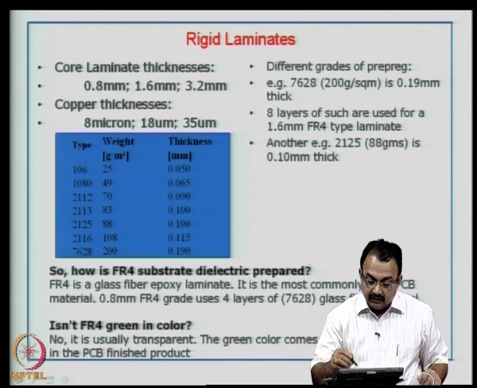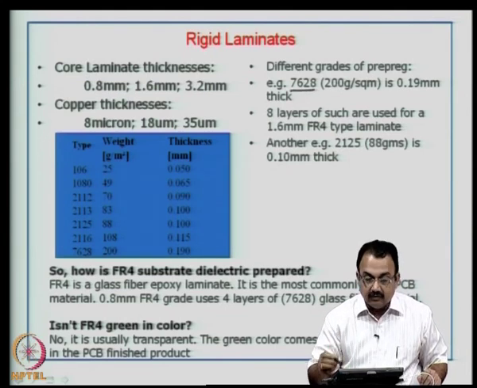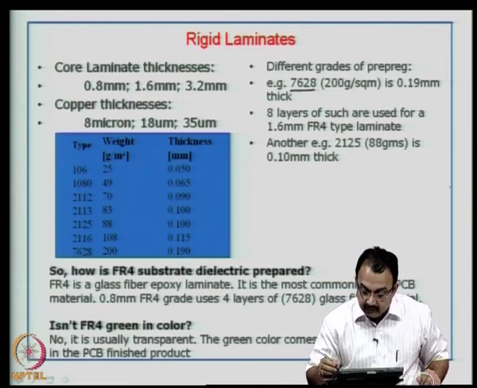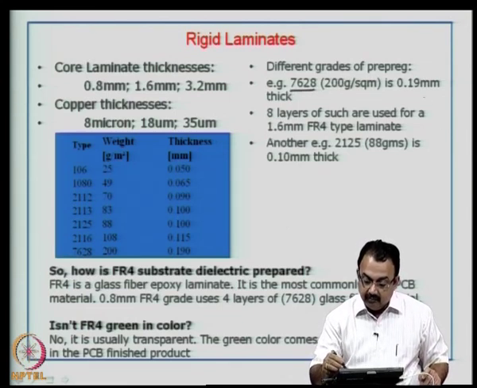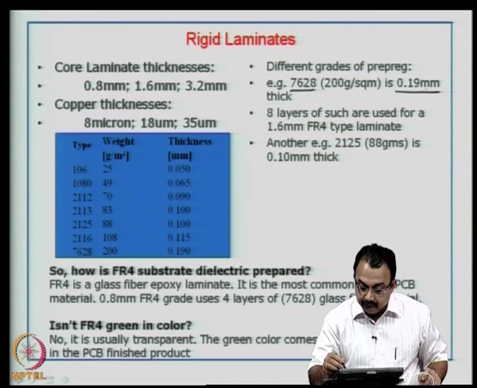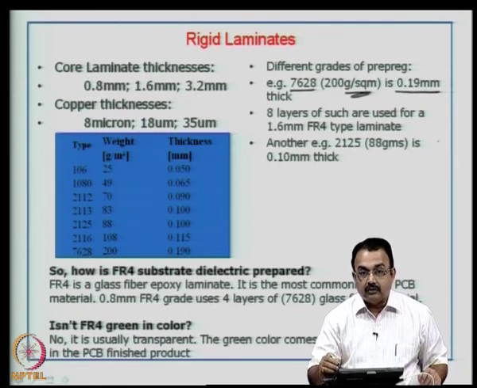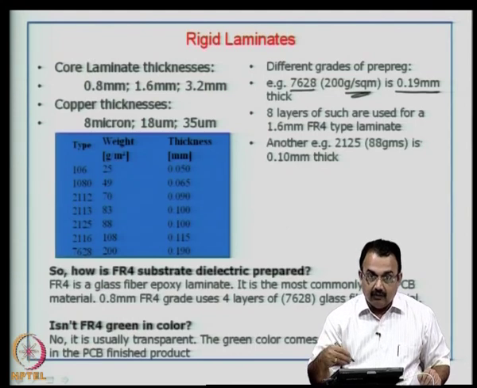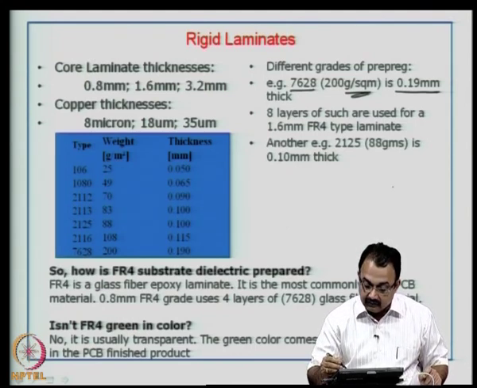Example, 7628, very common number in the PCB industry, is basically 0.19 mm thick and the weight is 200 grams per square meter. So, this has evolved over the years, these kind of numbering systems.